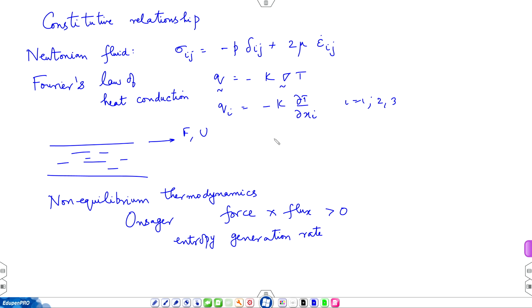So, in this context, F times u, but what is F? It is mu area u over h, times u. Mu u over h is the shear stress, times area times u, which is greater than 0, but u square is positive, h is positive, area is positive, which means mu is positive.